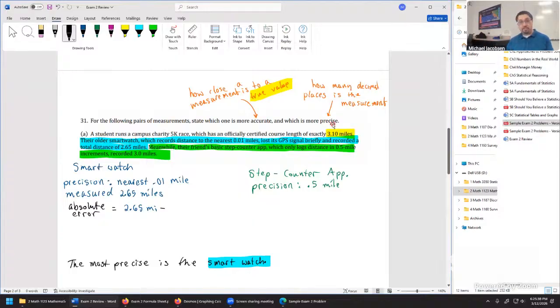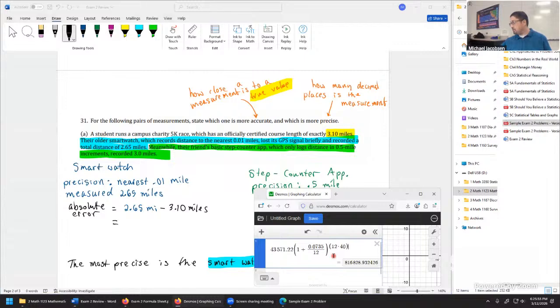And someone else measured this, but we're hoping that that is a highly, highly accurate value. Its true value is intended to be exactly 3.10 miles. And so the absolute error on this one, let's consult a calculator. It'll come out as 2.65 minus 3.10. So it's negative 0.45 miles. It's off by almost a half a mile short.